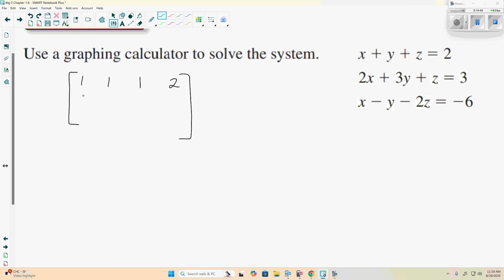Our next one would be? And the last one would be? And what would the dimensions be? 3 by 4.